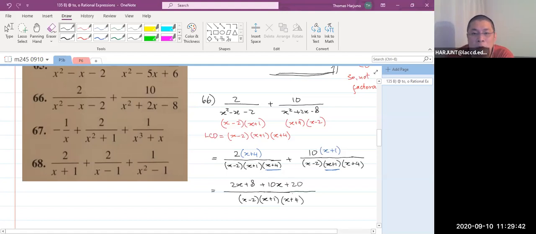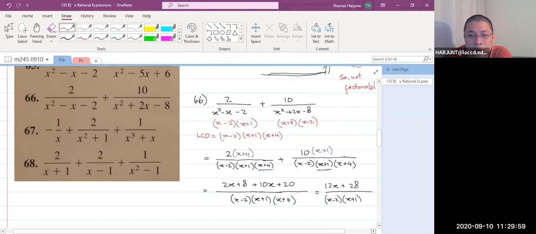Then combine like terms: this would be 12x plus 28 over (x minus 2)(x plus 1)(x plus 4).